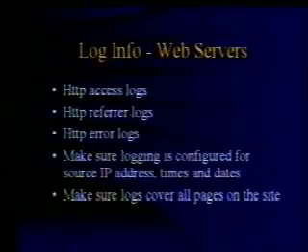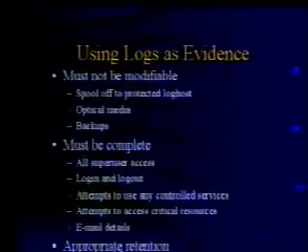When we're tracing email, for example, much email that comes from sites like Yahoo Mail and Hotmail is entered not through an email system, but through an HTML form. So we can use that information in the HTTP access log to begin a traceback. Okay? Remember that if we're going to use logs as evidence, we're going to have to explain why they weren't modifiable. Be careful of that one, because they most always are, and they need to be complete.